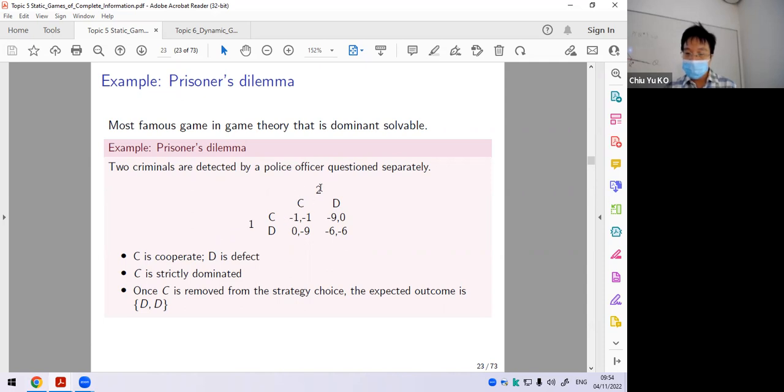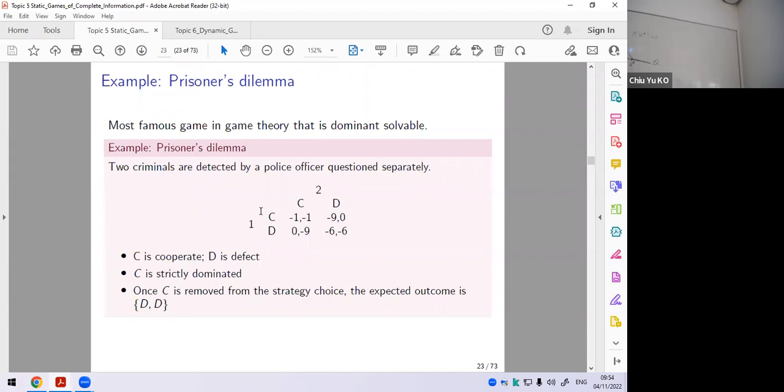So look at this matrix. Sometimes it is called the payoff bi-matrix. You can see the player set, strategy set, and payoff function. So this is the payoff for CC. This is the payoff for player 1, this is for player 2.